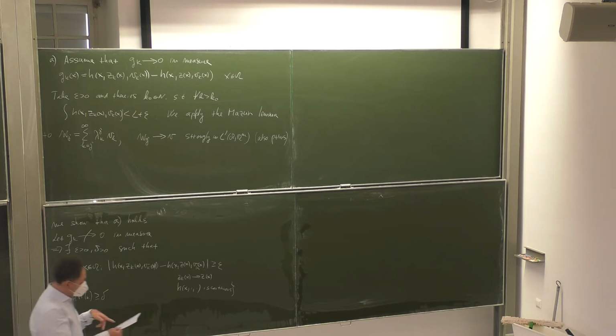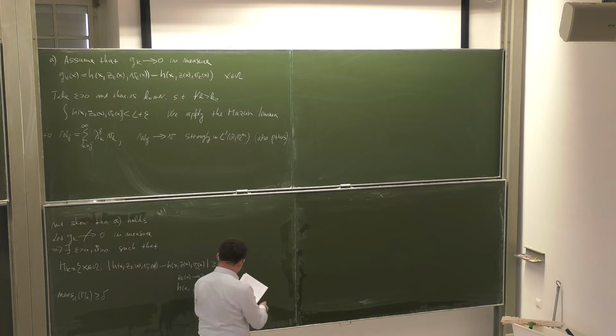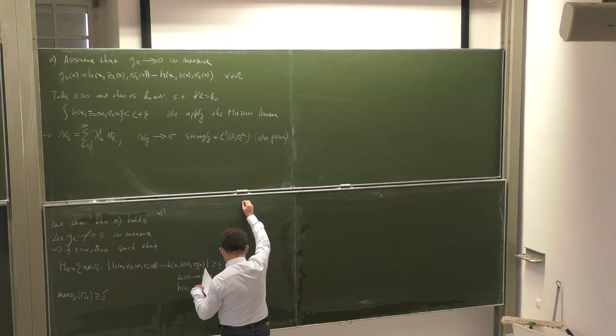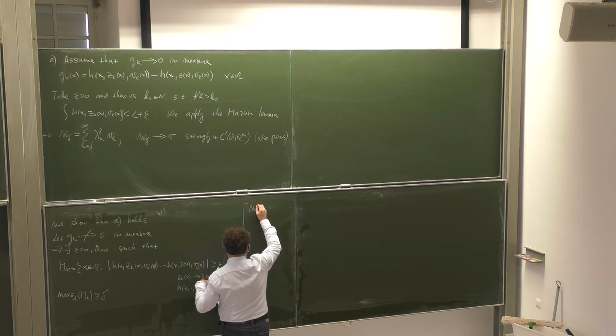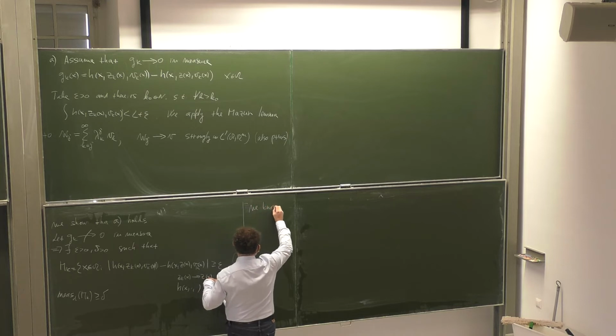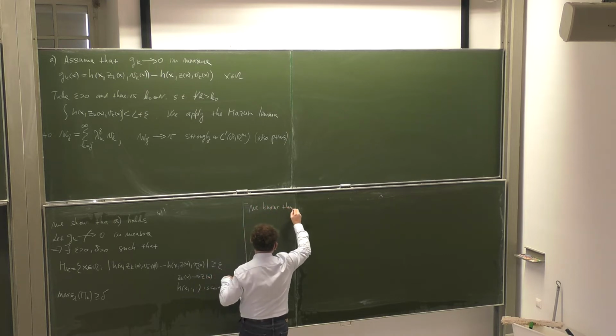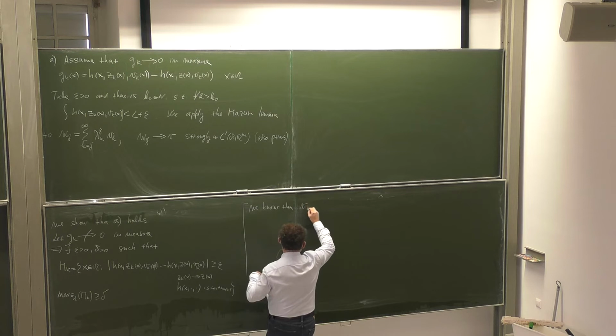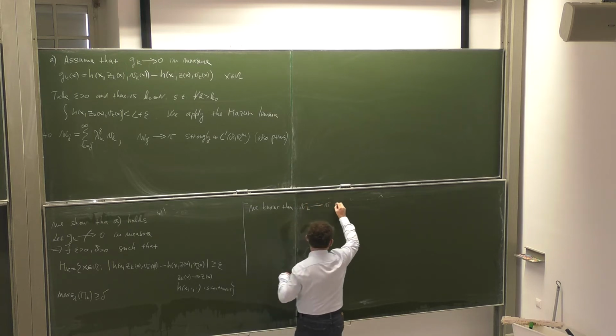And now what you do, you say, okay, so we know that Vk goes weakly to V in L1.